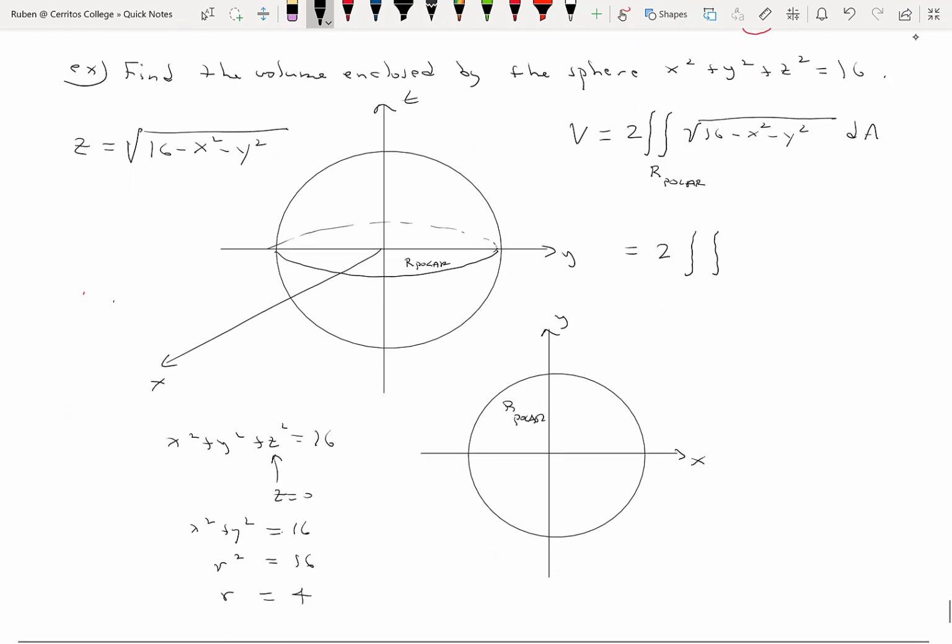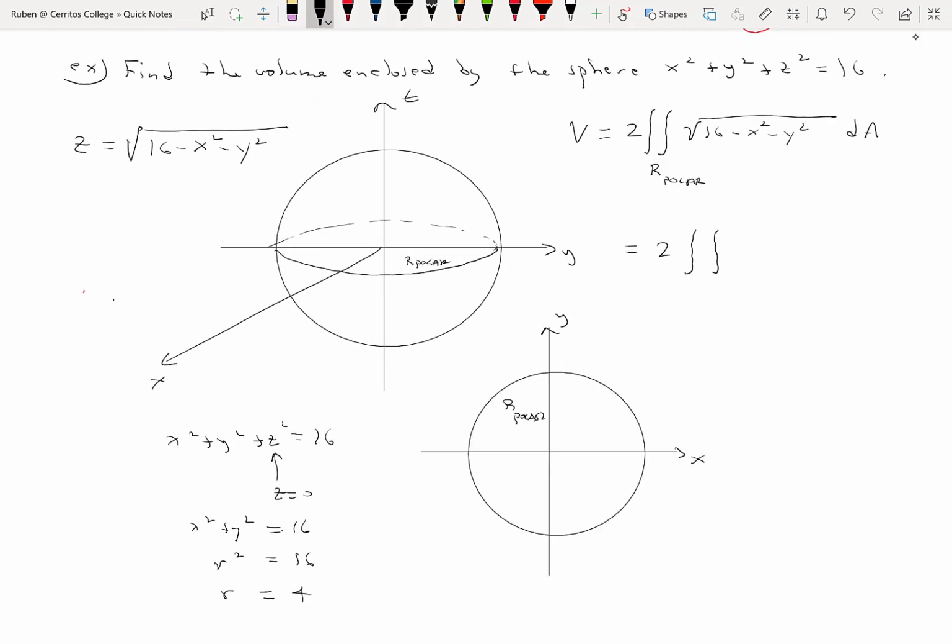If I replace in our integral x equals r cosine theta and y equals r sine theta, 16 minus x squared minus y squared becomes 16 minus r squared. Okay, dA, which in terms of physics we call a differential element of area, is r dr d theta.